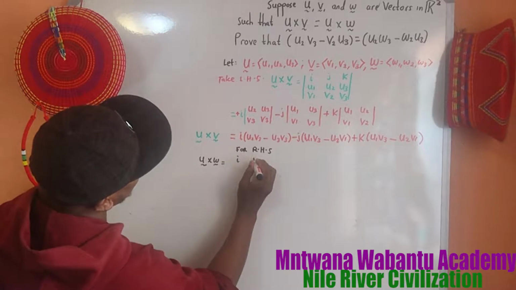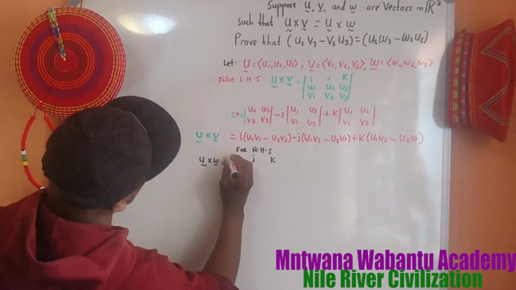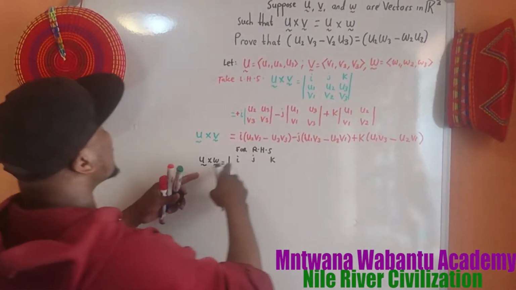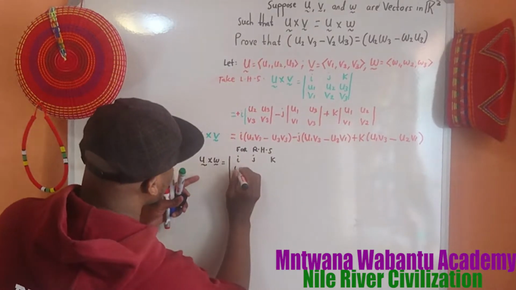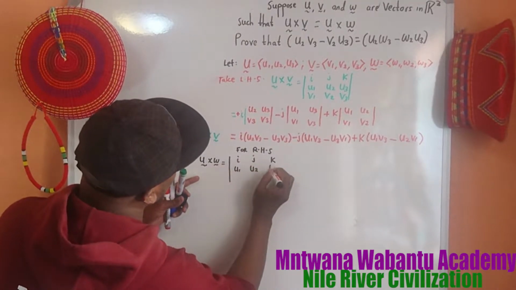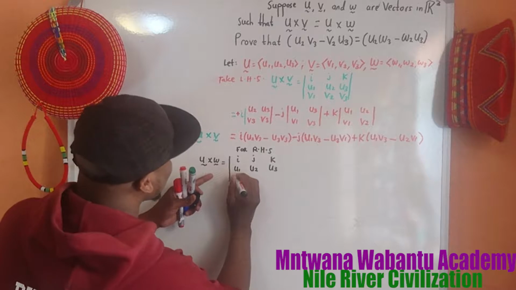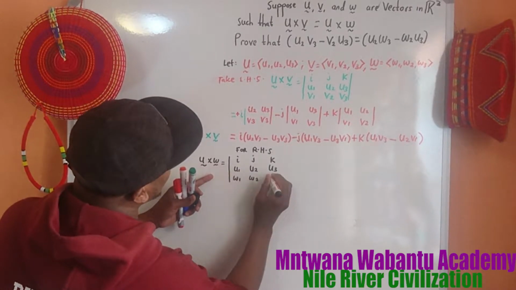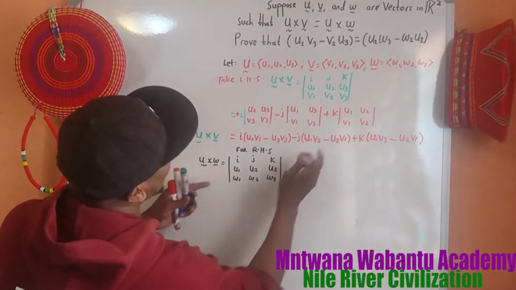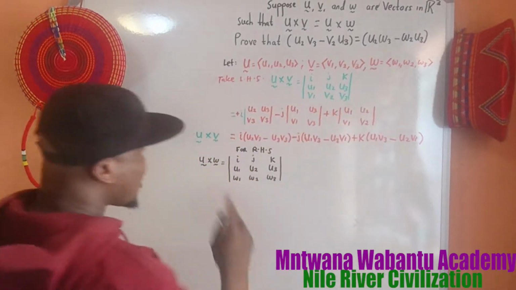So you say I, J, K for the cross product. What is our U? Our U is equal to U1, U2, and U3. And our W means W1, W2, W3. So now let's do the cross product.